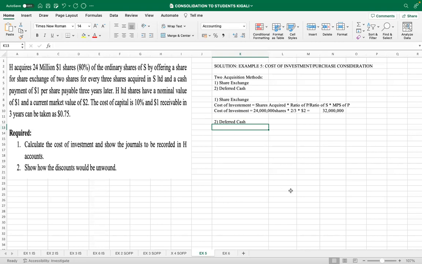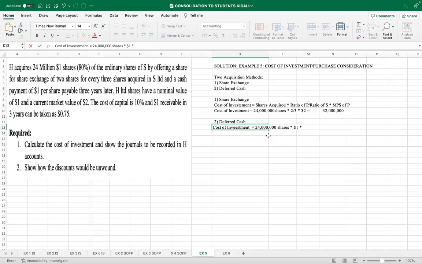So the cost of investment will be equal to, in this case, you have been told $1 per share. So we have 24 million shares times $1 per share times the discounting rate.